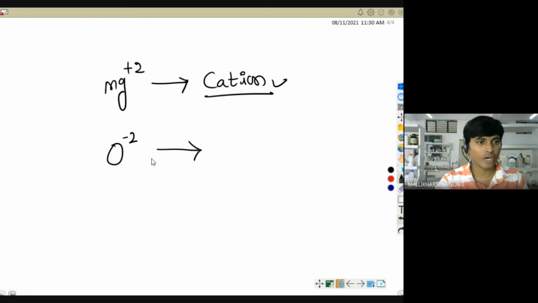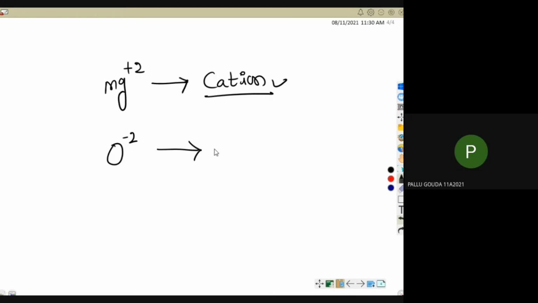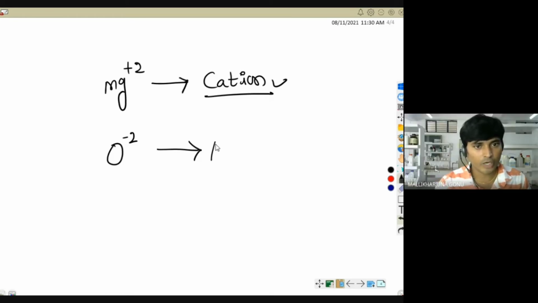So what do we call the negative one? Tanya, what do we call it? Anion. Yes, very good, Pallu. One is a cation, one is an anion.